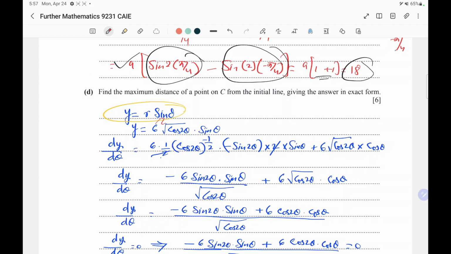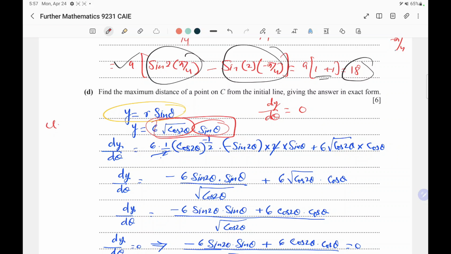So r is 6 root cos 2 theta, and then this is sine theta. And for maximum or minimum, we know that dy by dx is 0. So here it is theta, so dy by d theta should be 0. So here we have to apply the product rule.